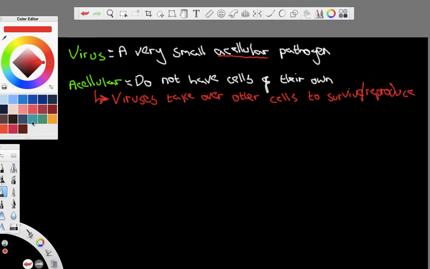Another important point that I just want to pick up on before we move on is that they are very, very small. Viruses can infect bacteria. They're so small that they can go into the cell of a bacteria and infect it.